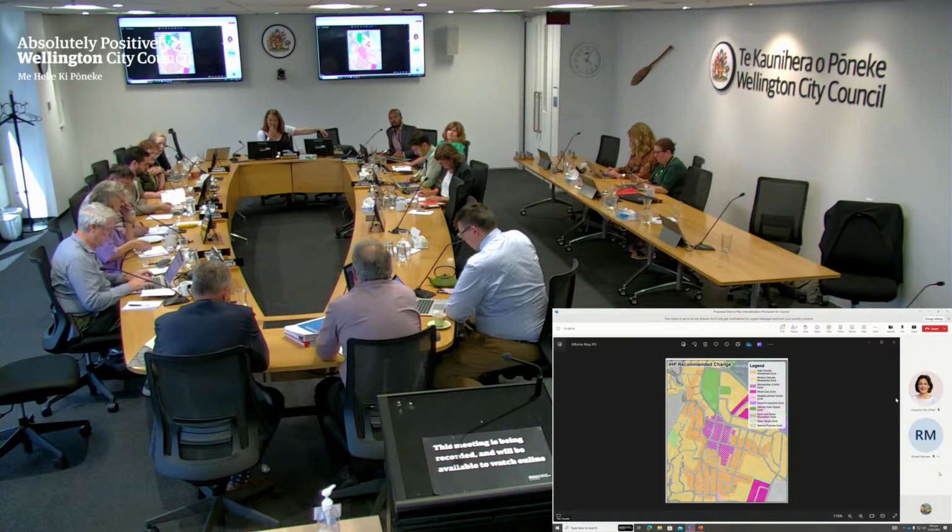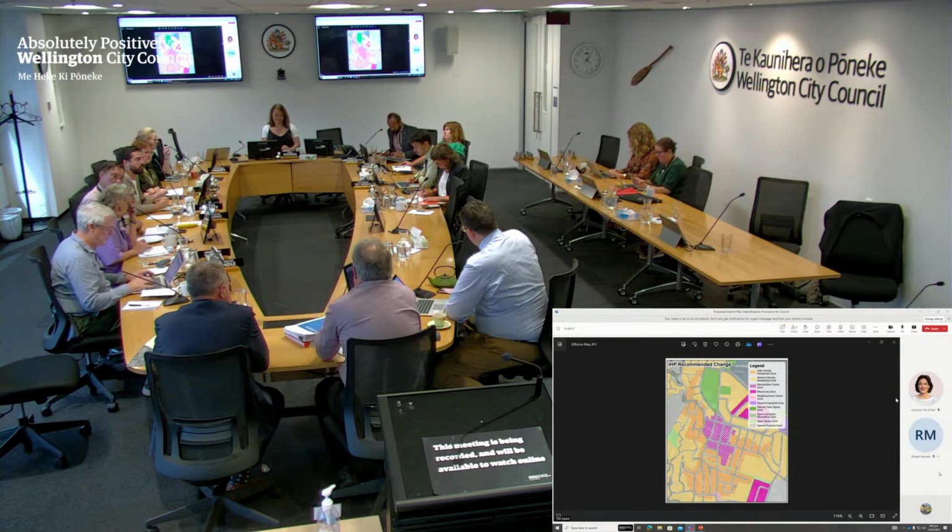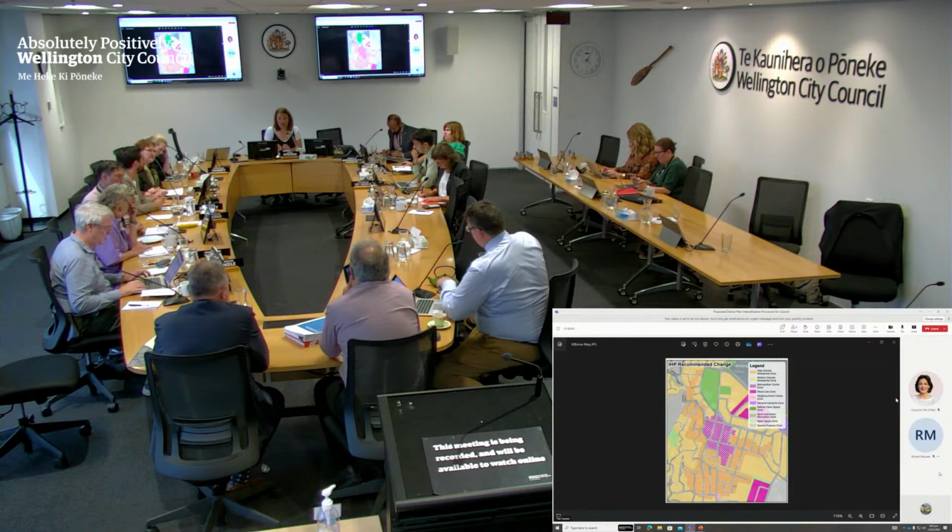In the case of the Johnsonville area that we walked, we weren't testing the distance. We were testing the walkability of the route, and in some cases we agreed with the JCA argument, in some cases we didn't.